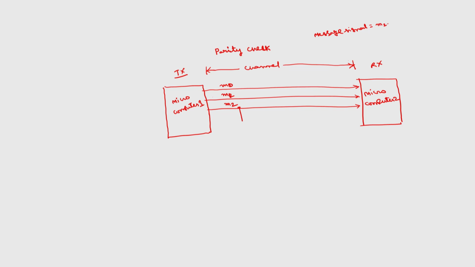M2 is the MSB, M0 is the LSB. In addition to these 3 bits, I will add one more bit, which is called the parity bit. This is the parity generator. Here I have to design a parity generator.